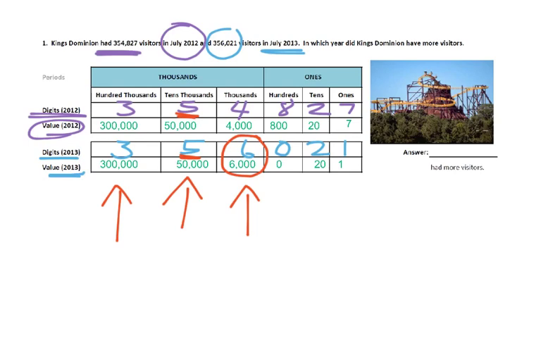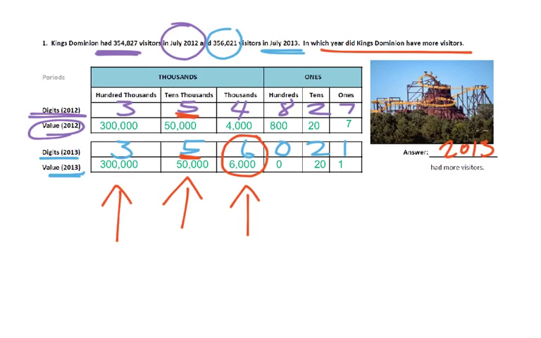Therefore, 356,021 is going to be larger than 354,827. So therefore, when they're asking, in which year did King's Dominion have more visitors? I'm going to say in the year 2013.